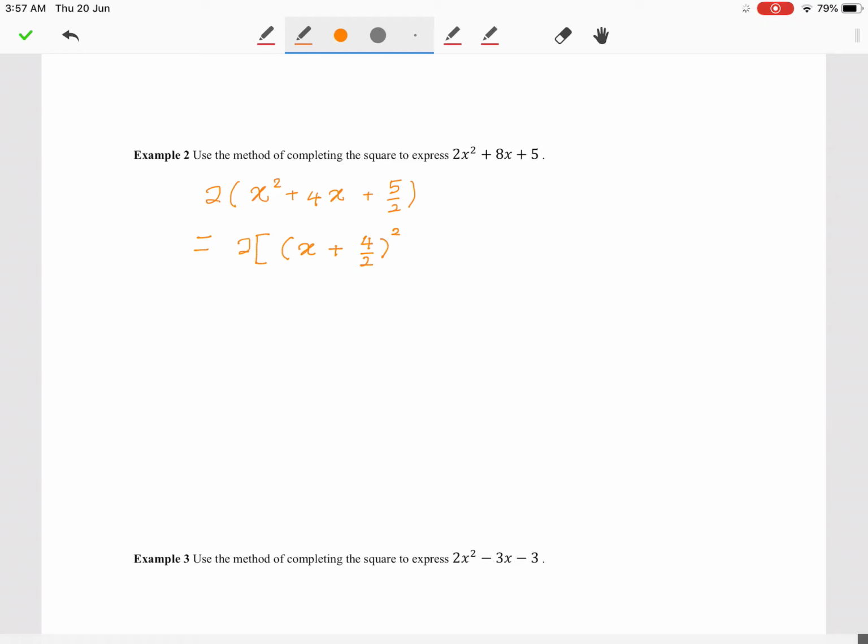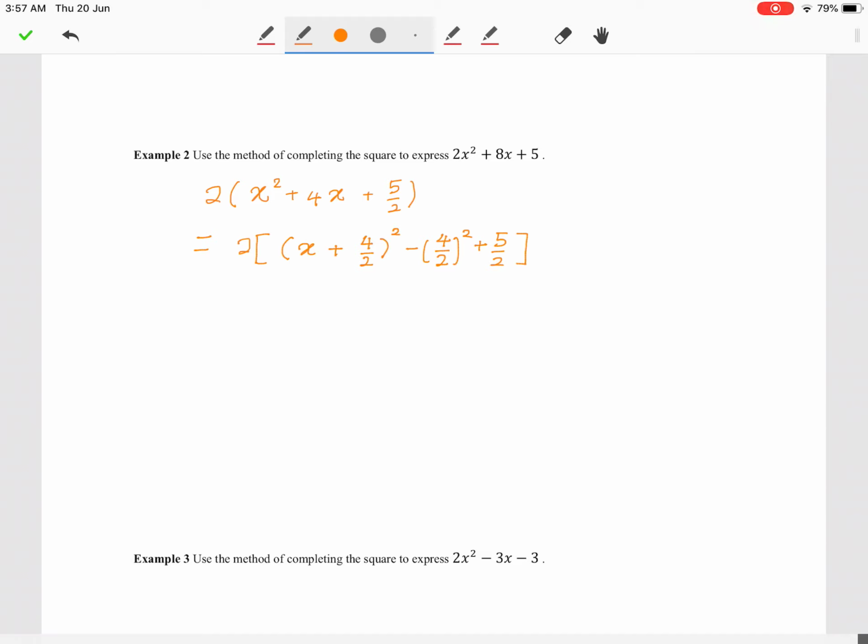After that, you minus 4 divided by 2 squared, plus 5 over 2. So as you can see, I didn't really apply the formula by remembering the formula. I just applied it straight away.